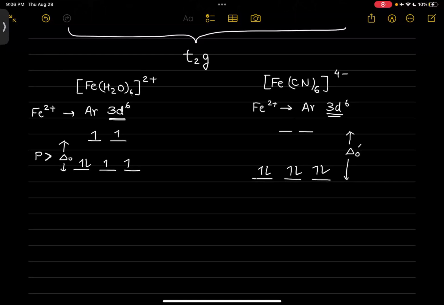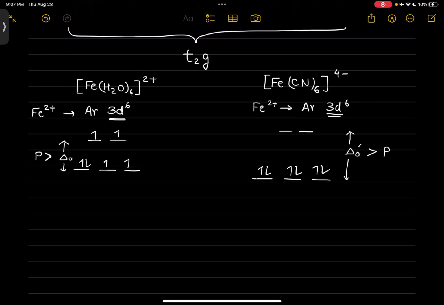Are you getting my point? So here the gap is more than the pairing energy. So electrons were not able to go to the higher energy level. So they prefer to stay at the lower level. That's why the pairing occurred.